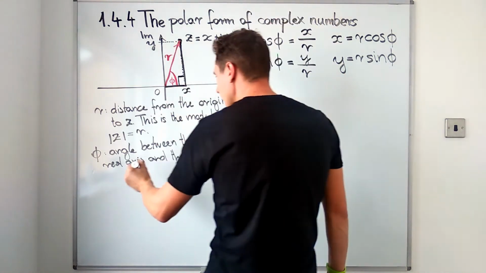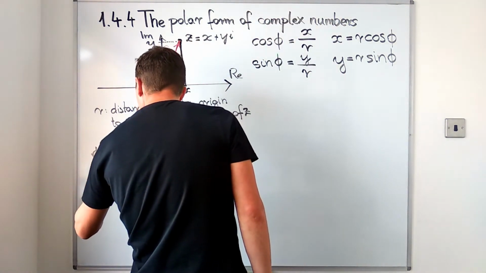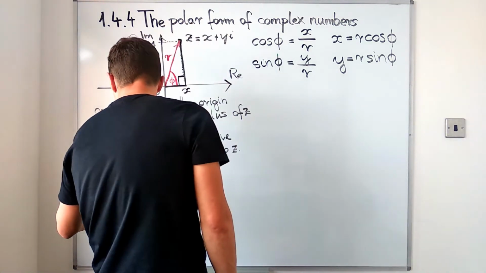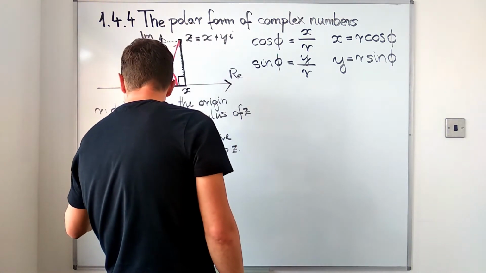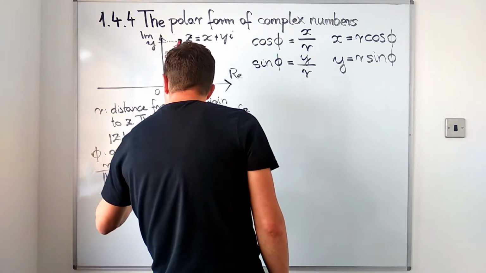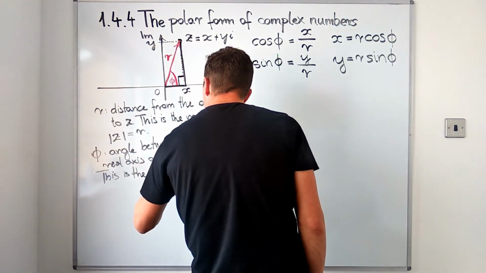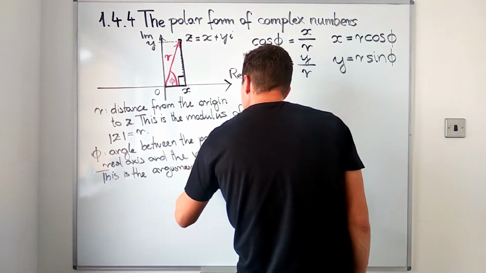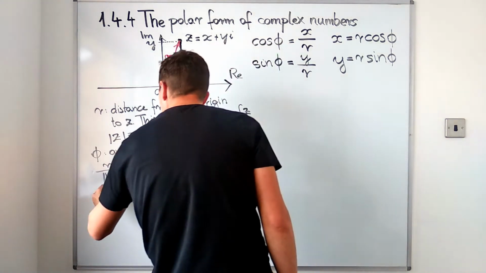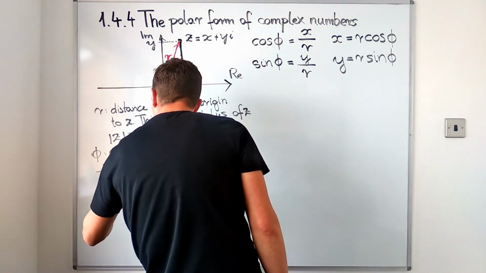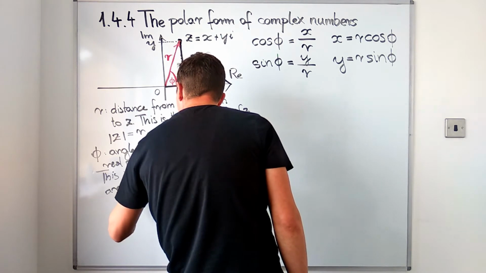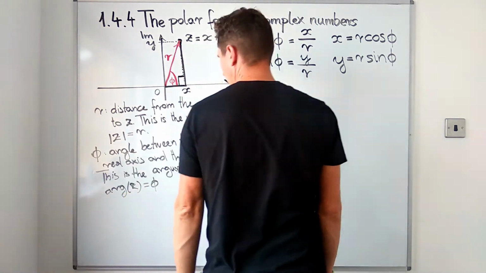Okay, this quantity also has another name. So this is the argument of z, and it's denoted by arg of z. So this is phi in this case.